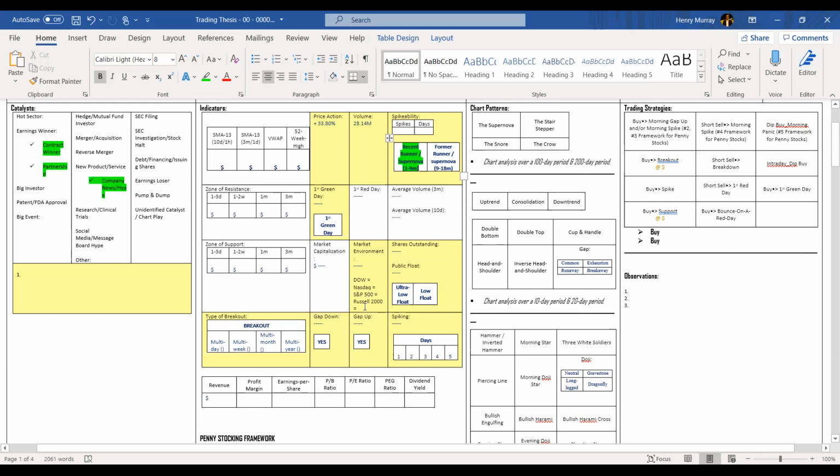So let's move below. Here we would put in shares outstanding. Let's see here. Let's go back to the chart and find our shares outstanding.